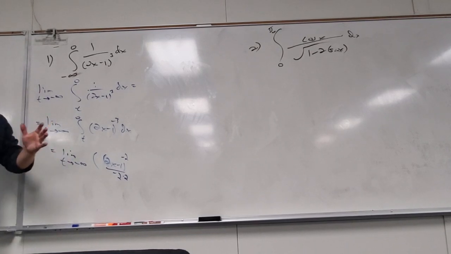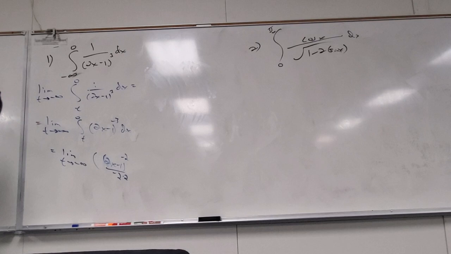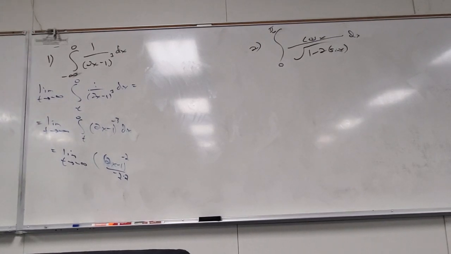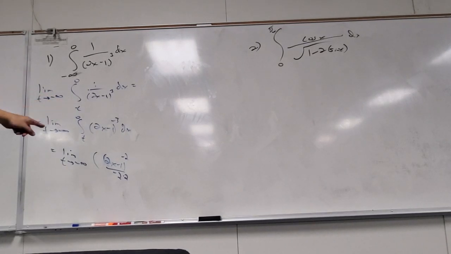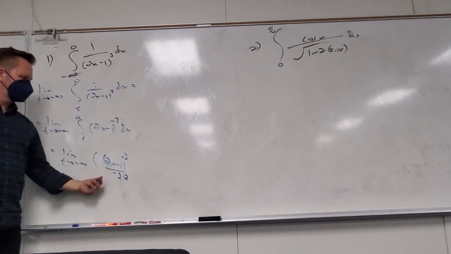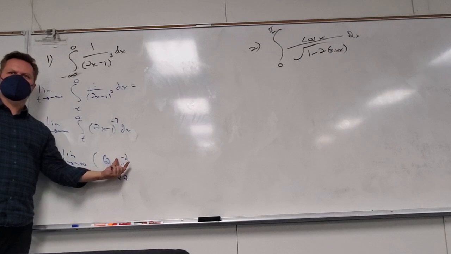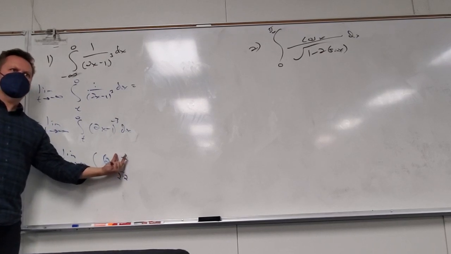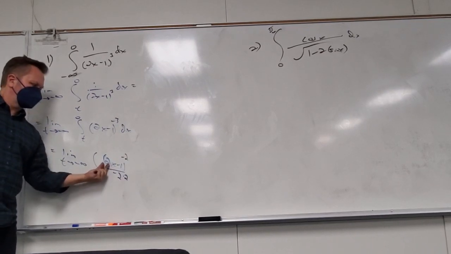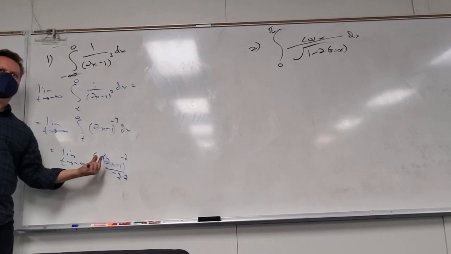Or you could do u sub, and if you had to do u sub there, you're fine. There's nothing wrong with that. It's just another little place where you can make a simple mistake. So that negative 2 is because of the rule of how anything raised to a constant power integrates. That 2 is there to kill the 2 that wants to come out because of this guy.